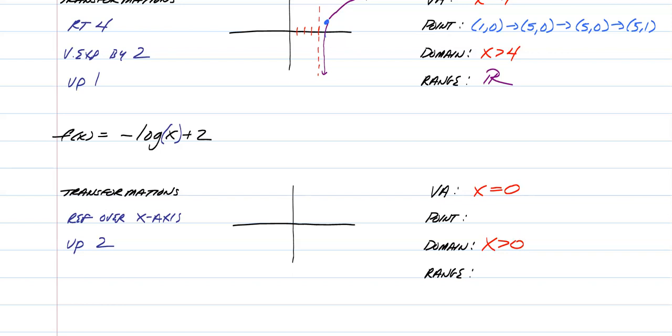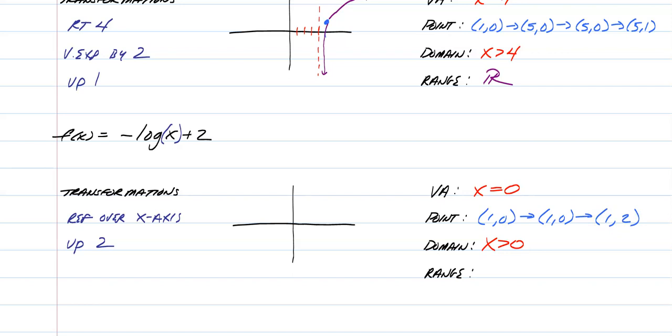Now the point. The point was at (1, 0), and then we reflected over the x-axis. If you reflect over x, the x stays the same and y changes, but you can't reflect 0 over anything, so it's still (1, 0). Then we shifted up 2, so our point became (1, 2).